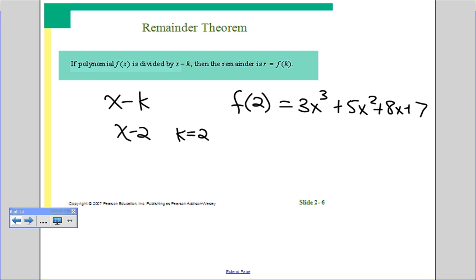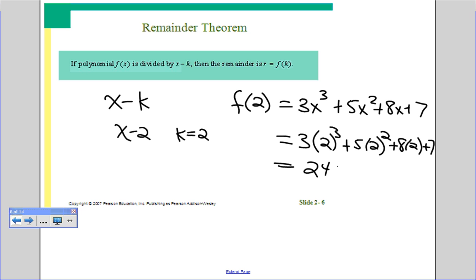To evaluate f of 2, I simply plug a 2 in, which means I'm going to cube it, I'm going to square it, I'm going to multiply it times 8, and I'm going to add 7. This is 8 times 3, which is 24, 4 times 5, which is 20, plus 16, plus 7, and I get 67. If I were actually dividing that equation by x minus 2, I would have a remainder of 67.